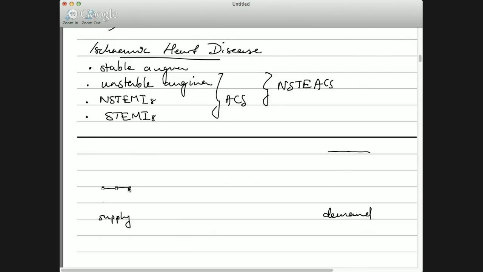So what happens to the supply? It increases as well. For what reason? Because the cardiac output needs to meet the cardiac input. That's correct. But we're talking about a local tissue here. The heart, just like any other tissue, is a local tissue. It regulates its own blood flow.